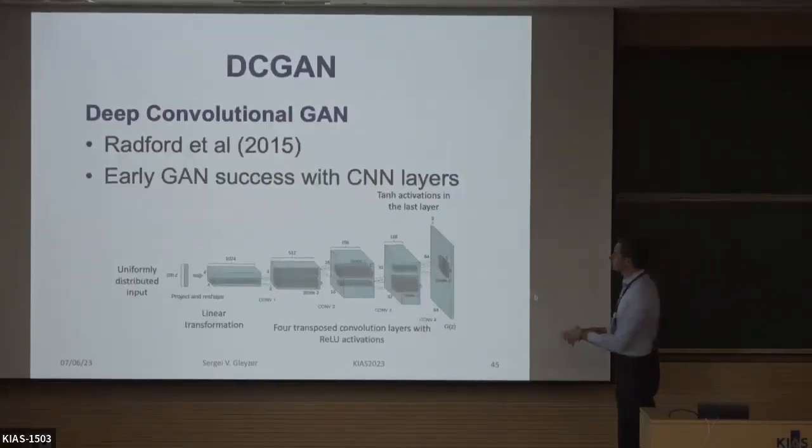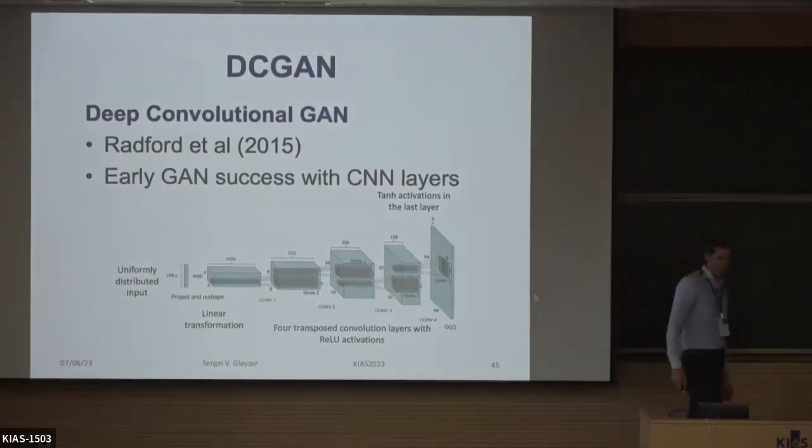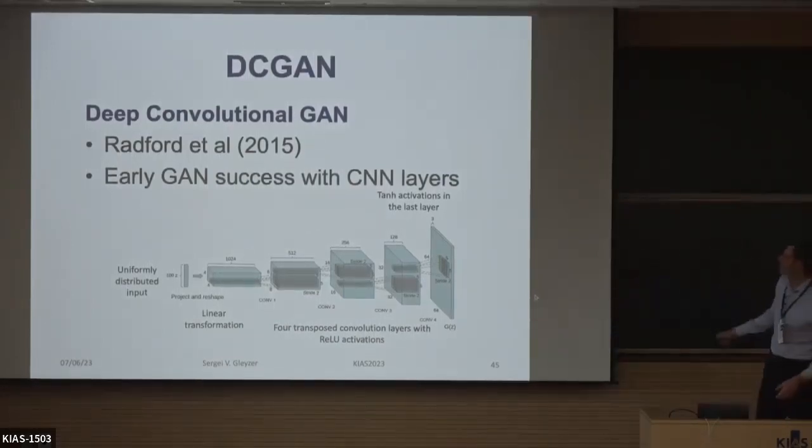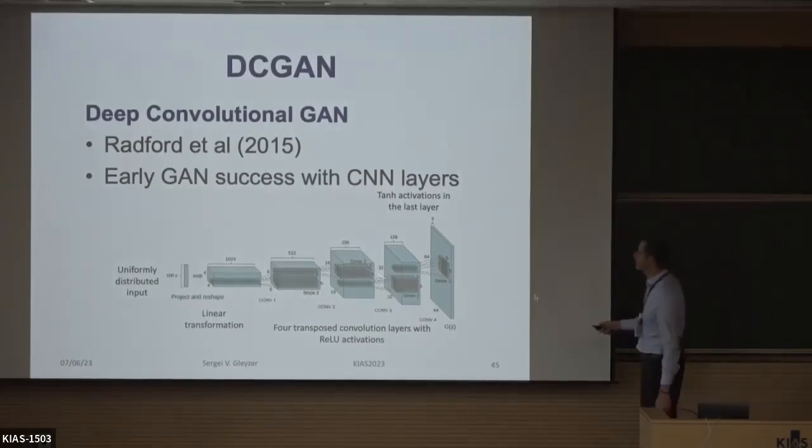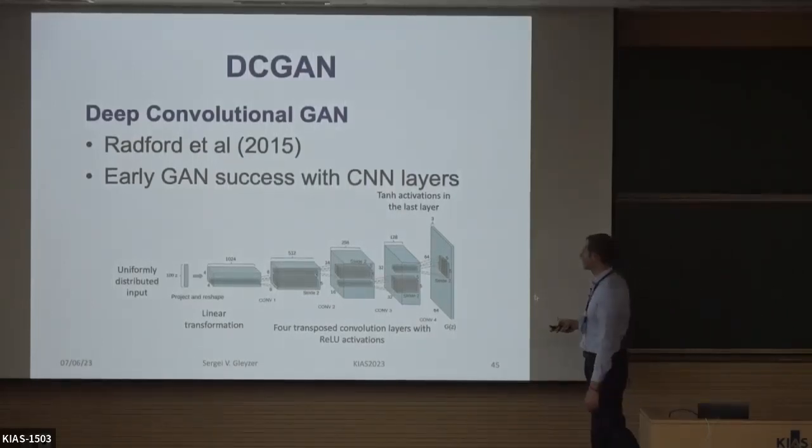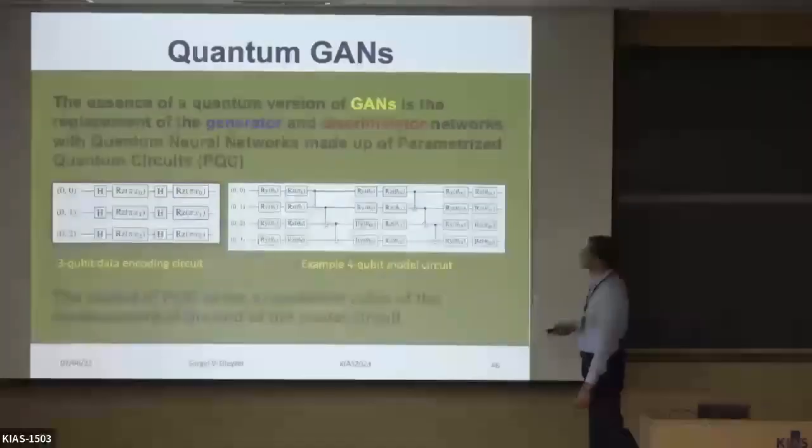I'm going to show some basic convolutional GAN from 2015. You can obviously also put in convolutional layers, I keep saying gates, but ultimately these are gates. Then you can also build a quantum version of this.